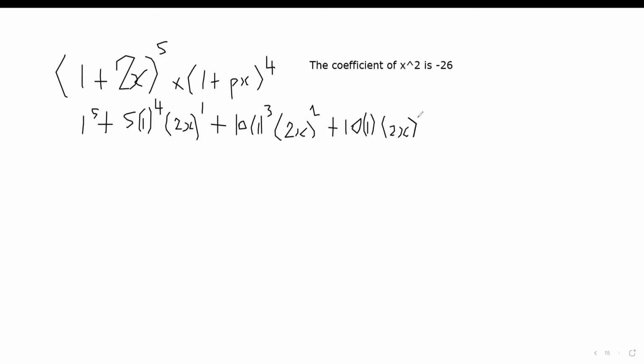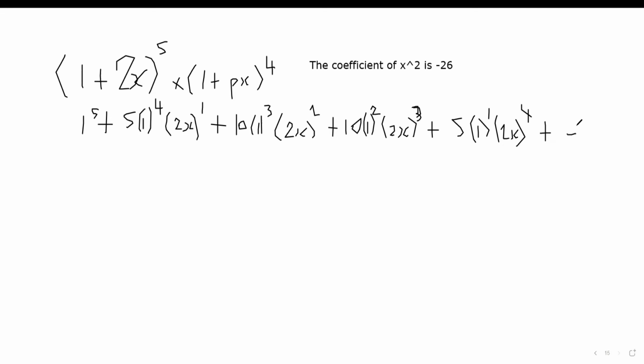And then we have plus, this is a cube by the way, then plus 5 times 1 to the first power, this is now 2x to the 4th power. And then plus 2x to the 5th.